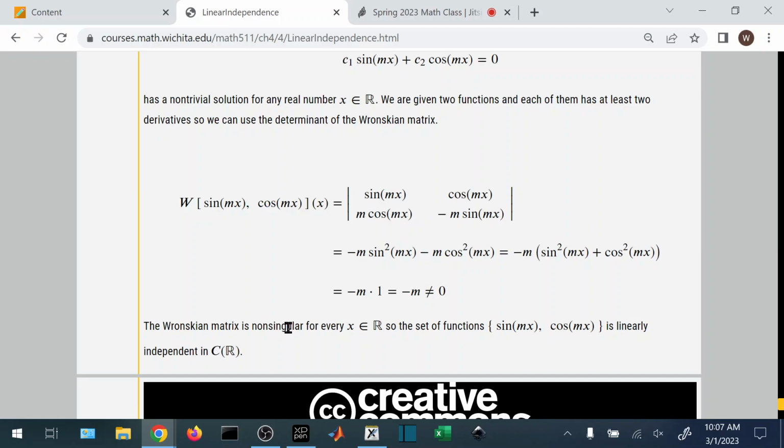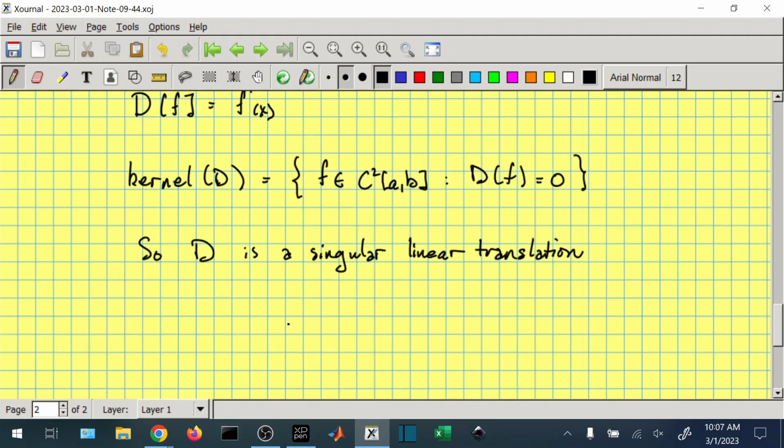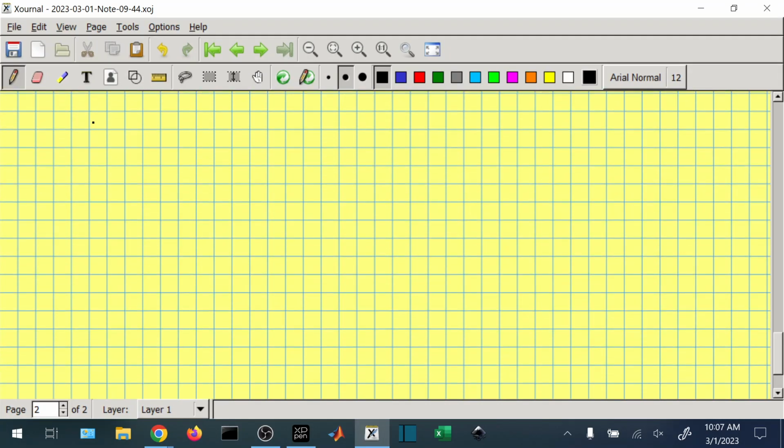Now, how do we show that cosine of m times x and cosine of n times x, where m and n are different integers, positive integers, are linearly independent? If m and n are different, meaning they're not equal, I could have used the fancy word distinct. You'll see that one in the homework a lot and on the test questions.